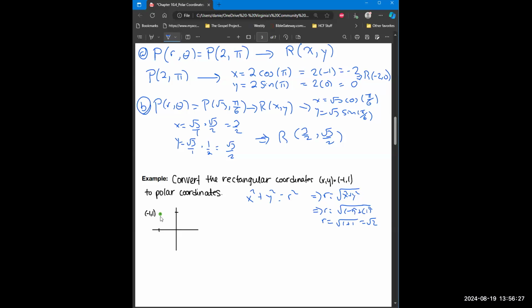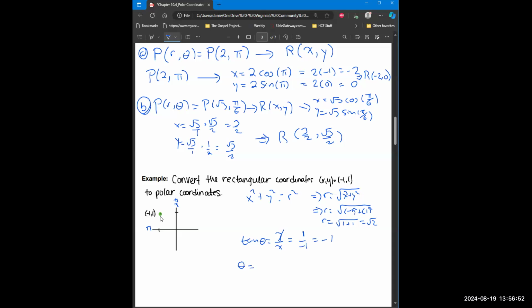Now, I know that I'm in quadrant 2, which means that my angle, if I'm measuring it counterclockwise, is going to be somewhere between pi over 2 and pi. If I have tan theta is equal to y over x, which is 1 over -1, that is a -1.